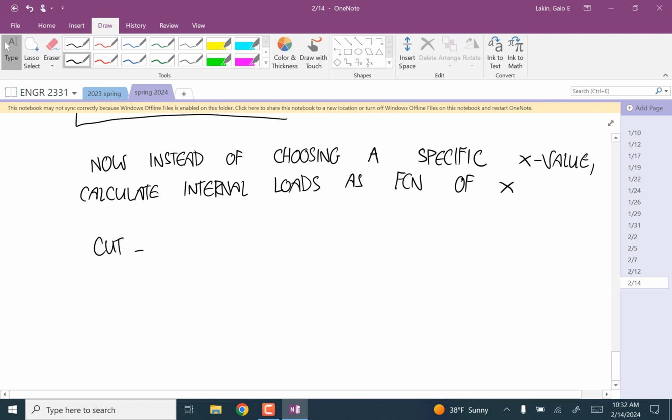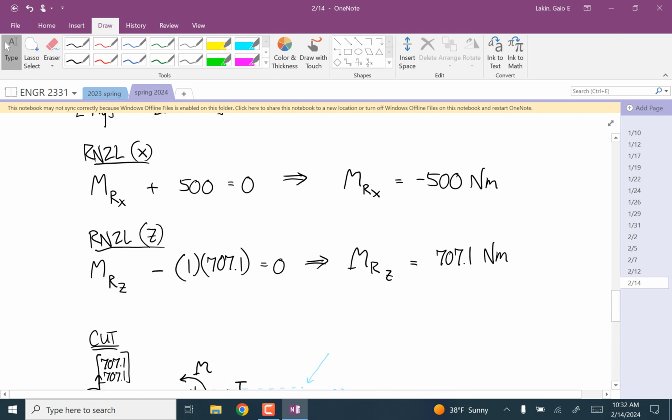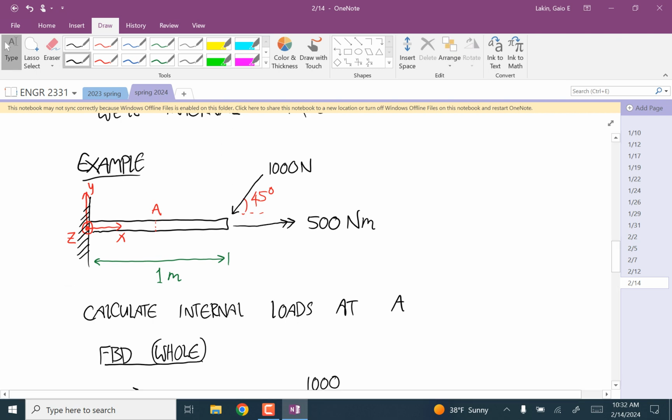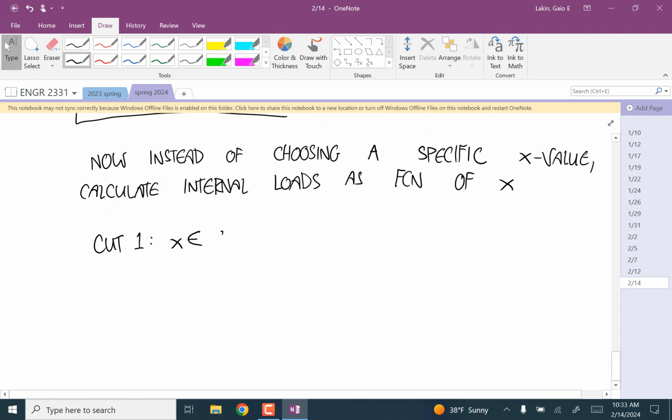Okay, so we're going to do a cut that represents that this is going to be valid for all the x's between the left end and the right end. So this x value could be anything from 0 to 1. And we're going to do basically exactly what we just did, except this time we don't know what this distance is. We're just calling it x.